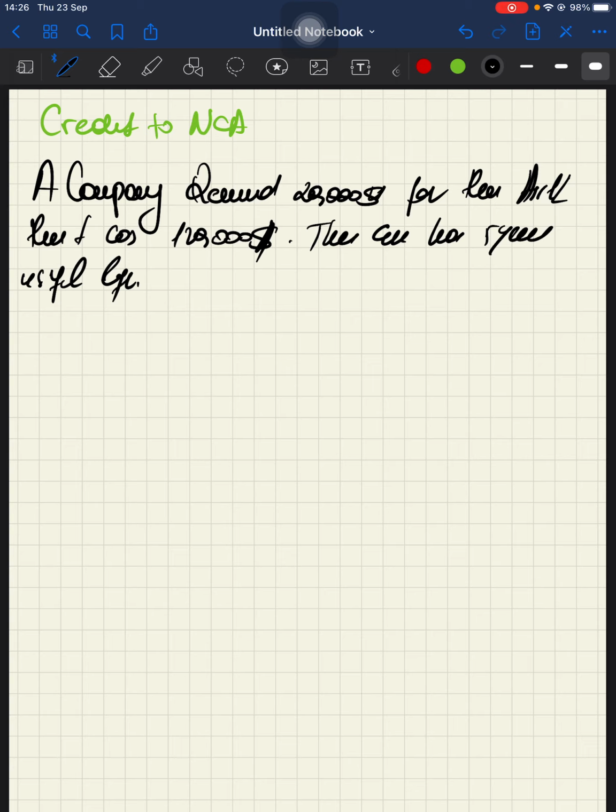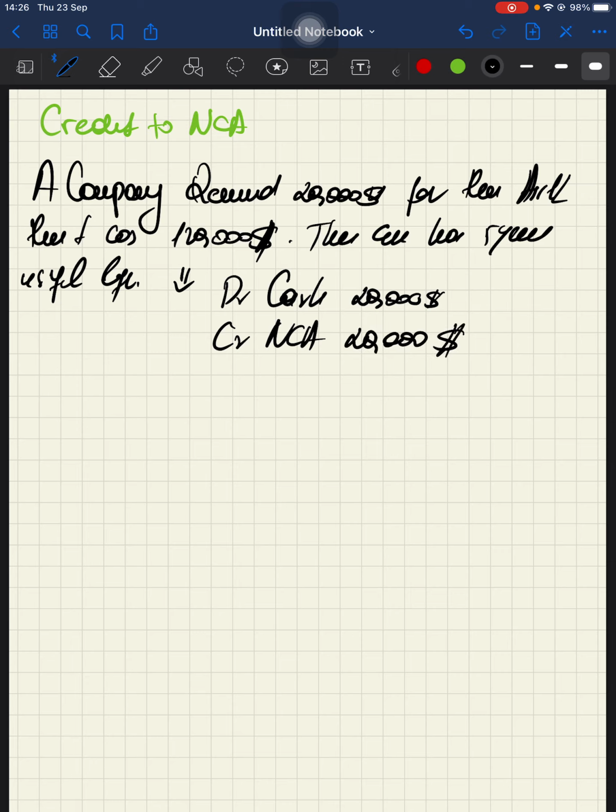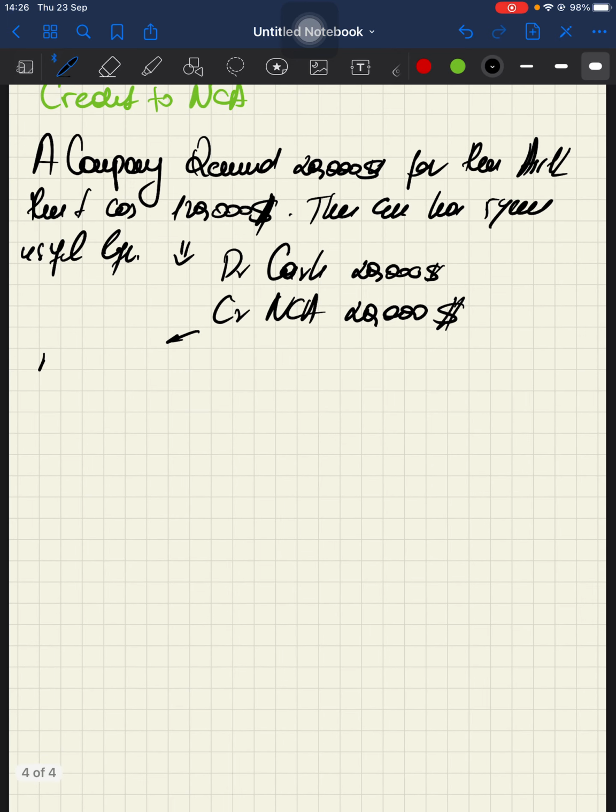So basically, if we are crediting this to the non-current asset, we are recording debit cash $20,000, and we are crediting this amount to the carrying amount of the non-current asset, credit $20,000. So once again we have to abide by the accruals concept.